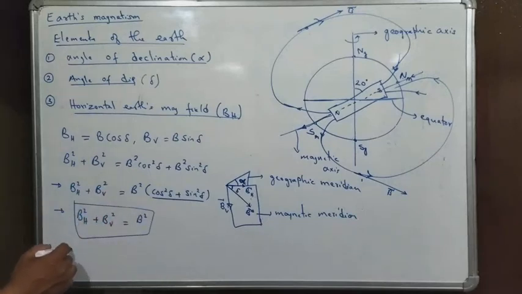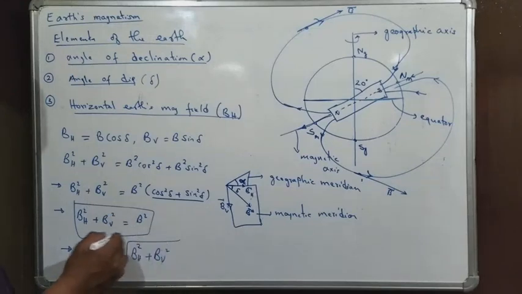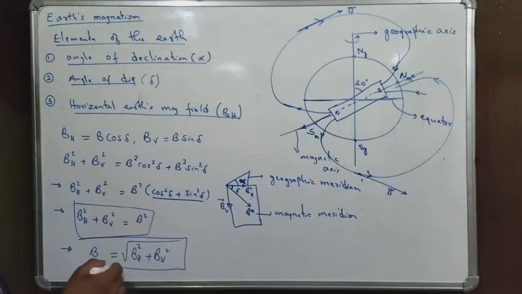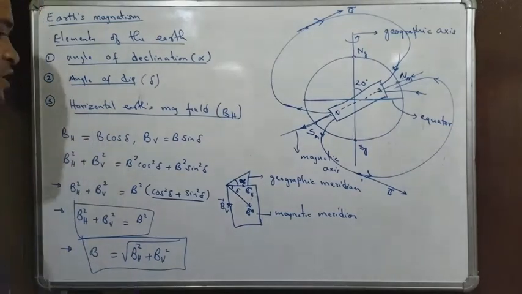So you can also say that B, the total magnetic field of the Earth at any point on its surface, can be written as the square root of BH square plus BV square. This is the equation to find the total magnetic field at any point on the surface of the Earth if you know BH and BV, that means the horizontal component and the vertical component.